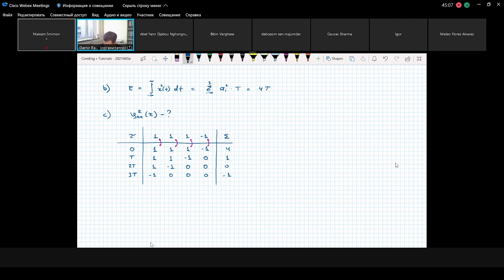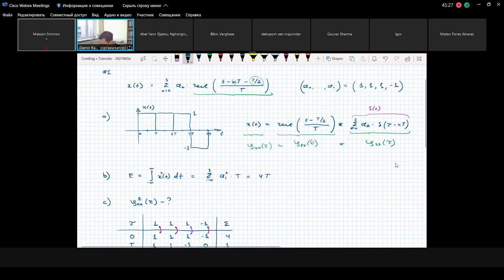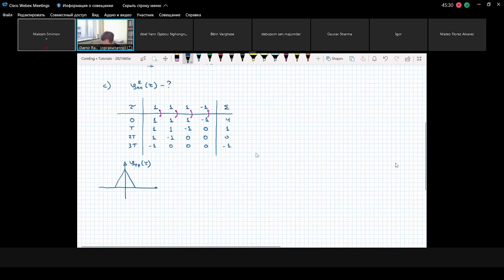And we remember that in order to find the resulting autocorrelation function, we need to calculate the convolution between the autocorrelation function for the pulse shape and the discrete one. In our case, we have a rectangular pulse, and we know that for a rectangular pulse, autocorrelation will be a triangular function.